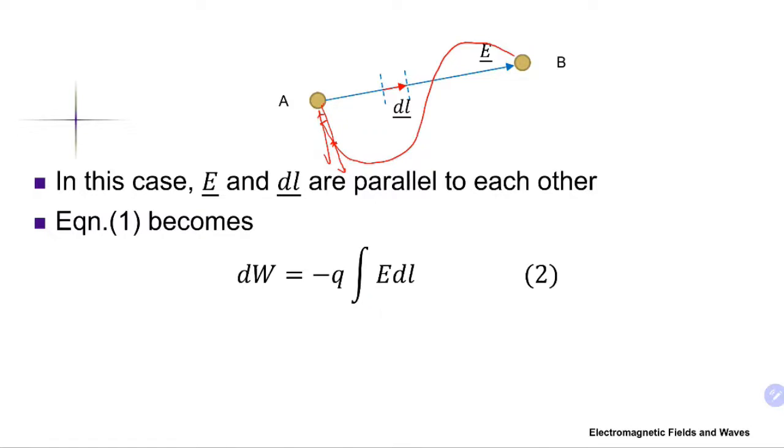And if the electric field is constant, this simply equals minus Q E integral of dl, and dl is simply the path length.